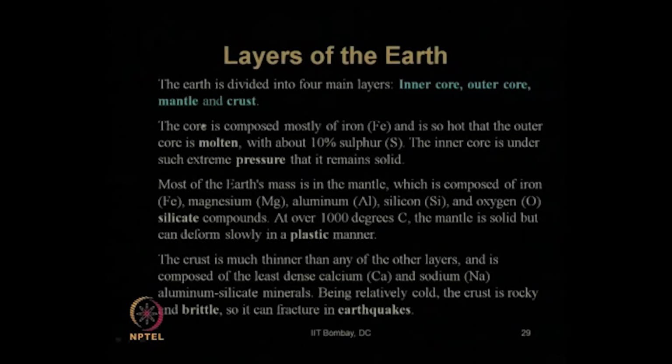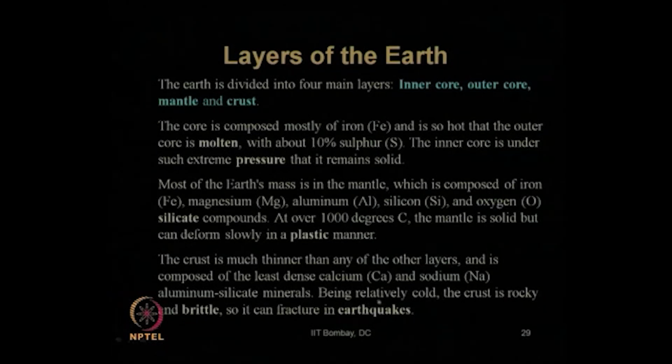We have also learned, once we divide the earth's interior into 4 major regions or layers, like inner core, which is solid, outer core, which is fluid, and mantle and crust, what their basic compositions of materials and minerals are.